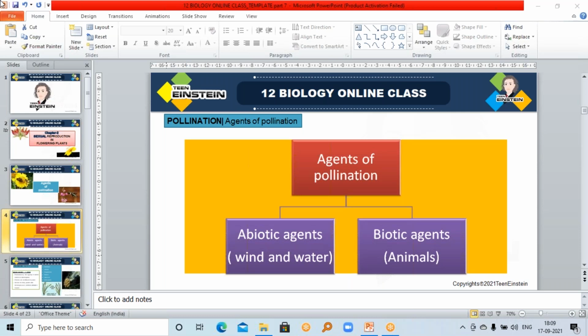So these kinds of plants or flowers release more pollen grains to make sure that pollination is happening, and to avoid that chance factor. Got it?